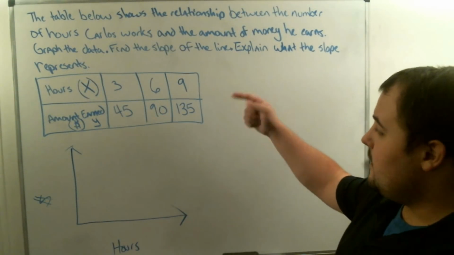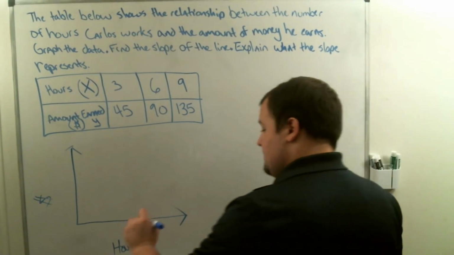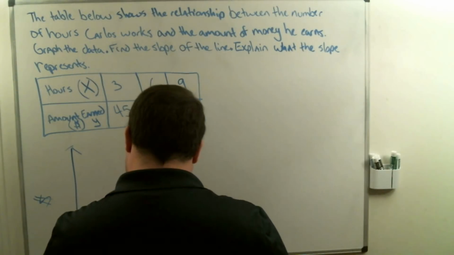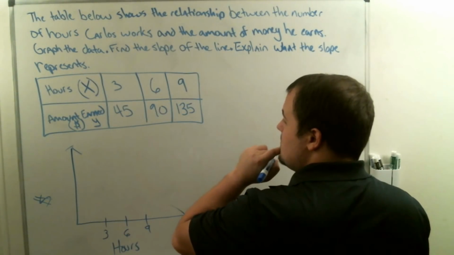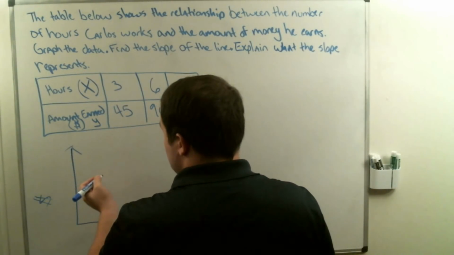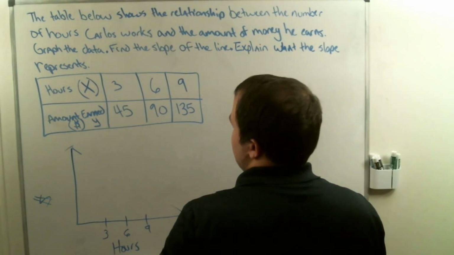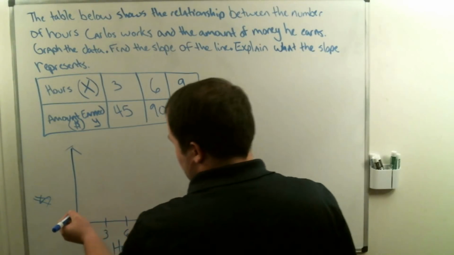Now, it goes 45, 90, 135, and it's 3, 6, 9, so I'm going to put 3, 6, 9 here. And I'm going to count by, what should I count by? I'm going to count by 30.